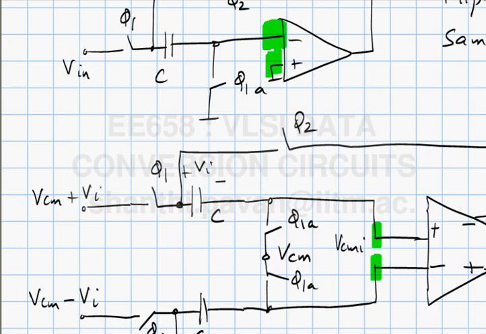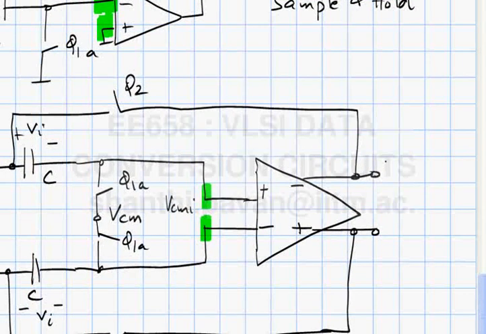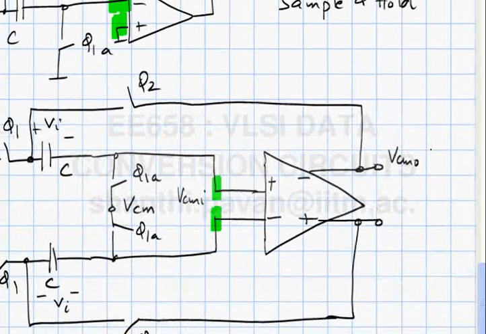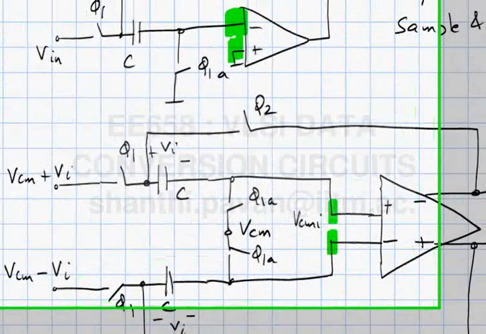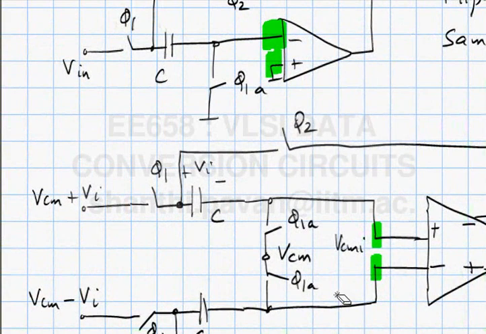So, this voltage should be VCMO. What should the output voltage be on this leg? Plus VI. And what will this be? VCMO minus VI.